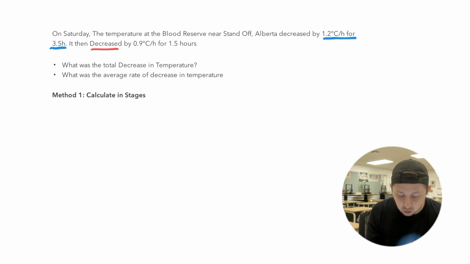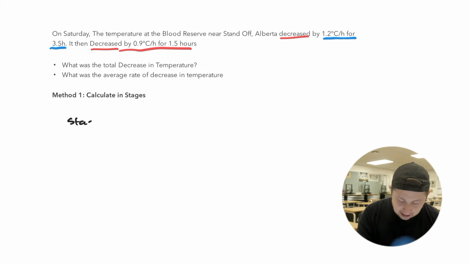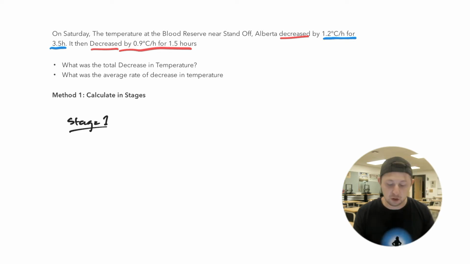Then it decreased by 0.9 degrees Celsius per hour for 1.5 hours. We want to know what the total decrease in temperature was, so I want to calculate this in stages. Let's first talk about the first stage. I'm going to write stage 1. This is the first part of it.